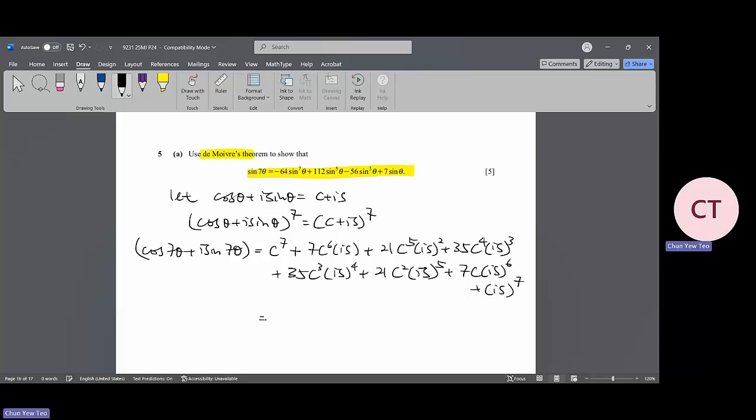So if you expand and simplify, you will get the real part will be like this.